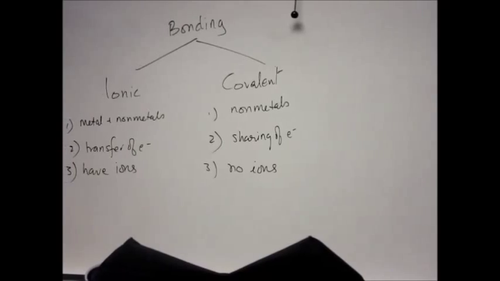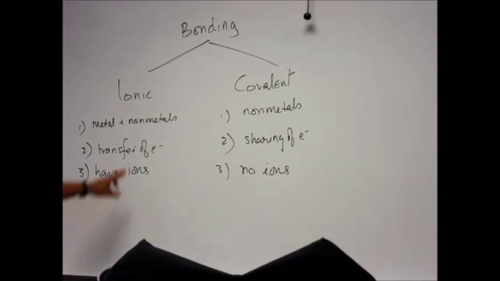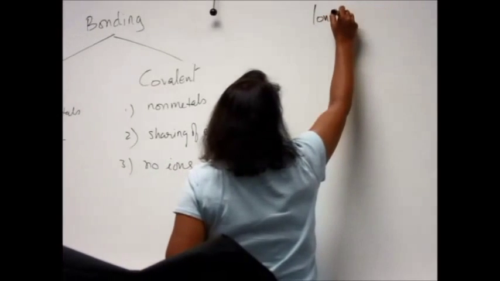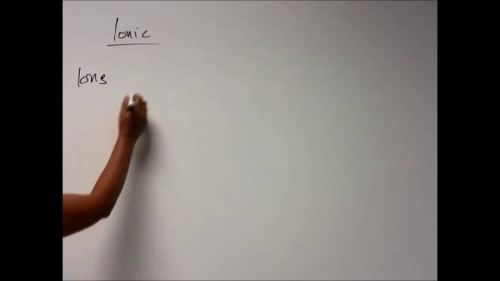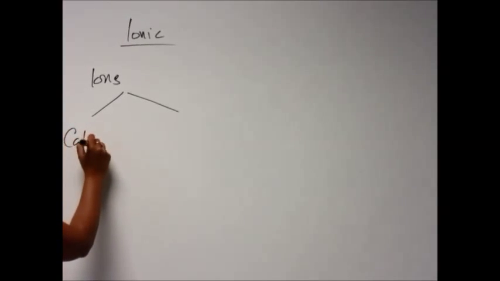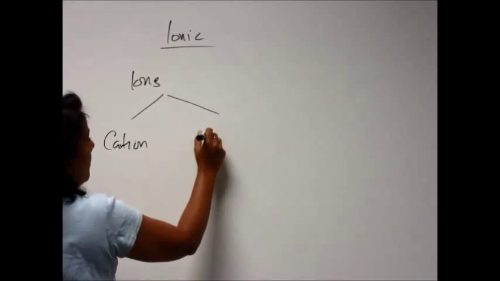So either way, one of them will apply. The first one I will take is ionic. In ionic compounds, first of all, you have metals and non-metals and you have transfer of electrons. You have ions. So let's talk about all of these things. There are two kinds of ions possible. You have a cation and you have an anion.